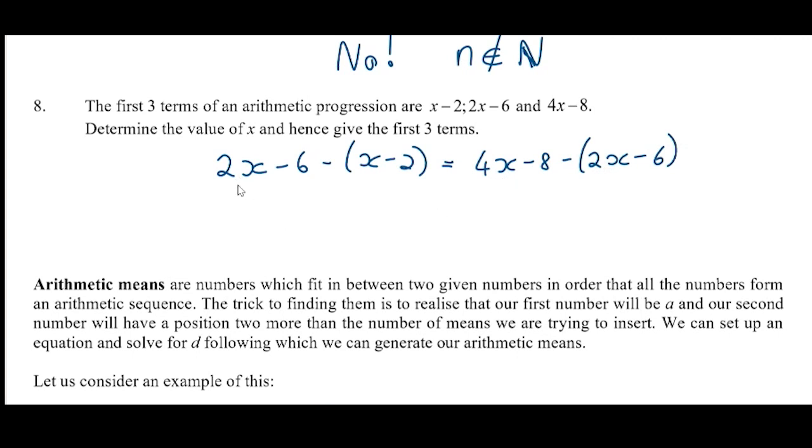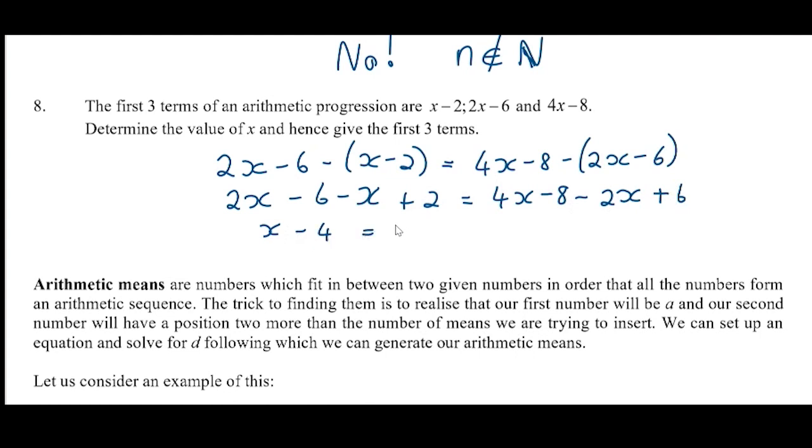On the left-hand side here, we get 2x minus 6 minus x plus 2. And on the right-hand side, we get 4x minus 8 minus 2x plus 6. And that comes to x minus 4 on the left and 2x minus 2 on the right.